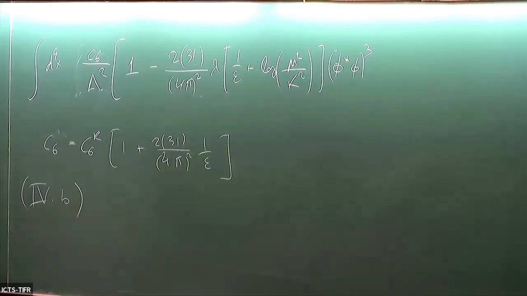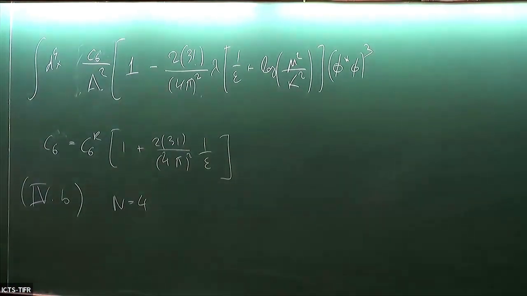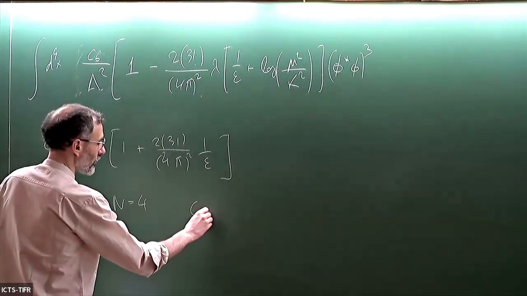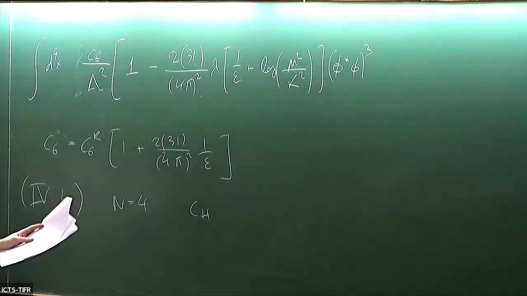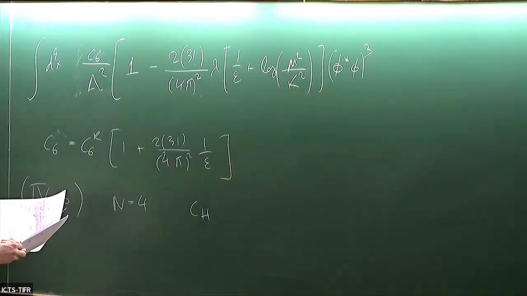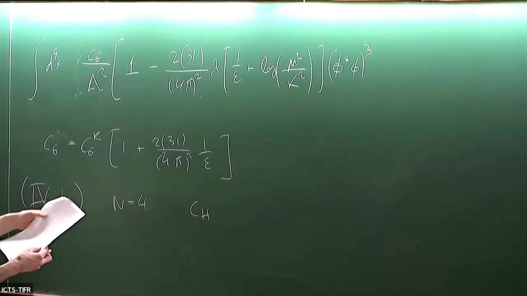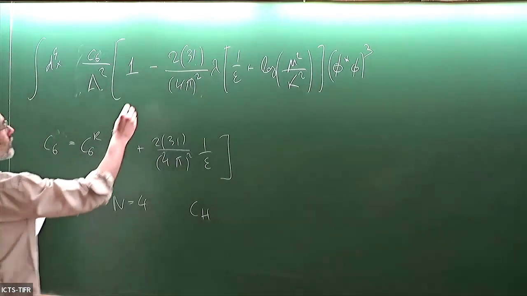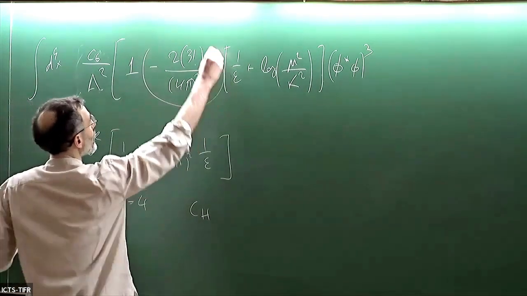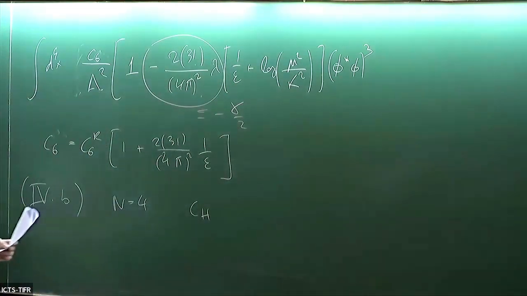And as you correctly pointed out the other day, for n equals 4, you can reproduce the standard model normalization, or running, of CH, which is related to that prefactor there. You can call this prefactor that shows there minus gamma halves, for reasons that we'll see in a minute.